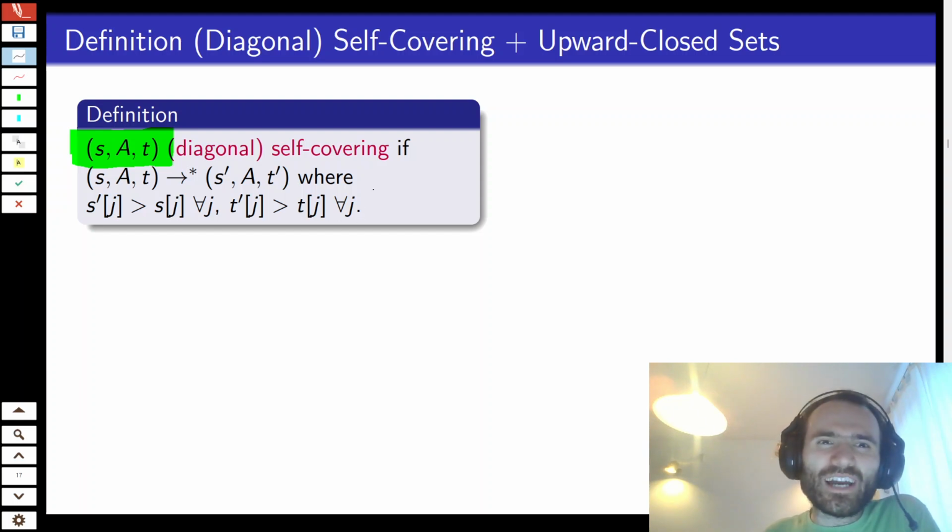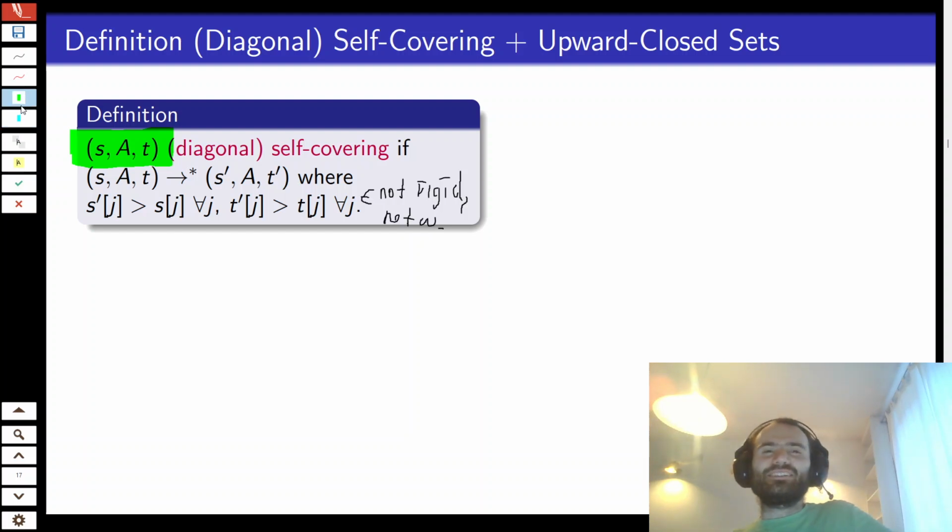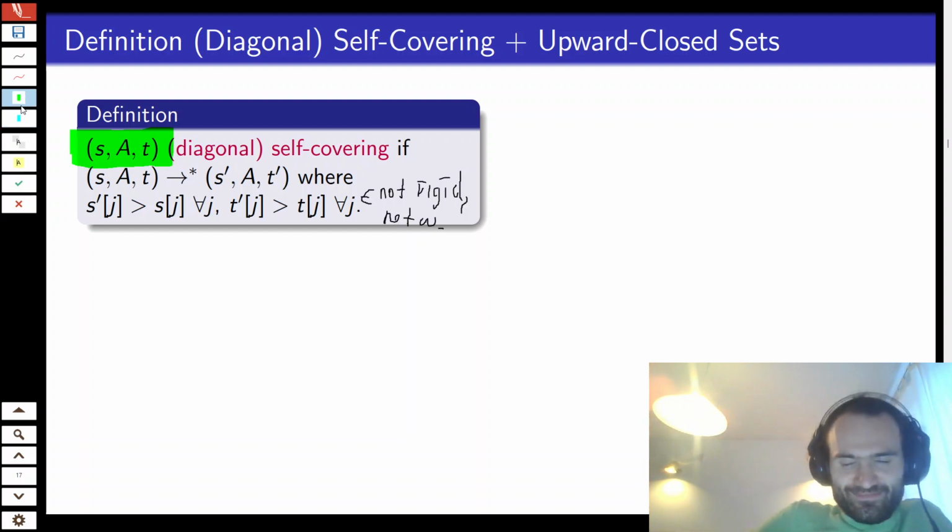By all the counters, I mean everything that is non-rigid, so all the j's that are not rigid and not omega. Actually, when we do this, we just assume there are no rigid counters. The interesting thing is the number of counters that are not omega.